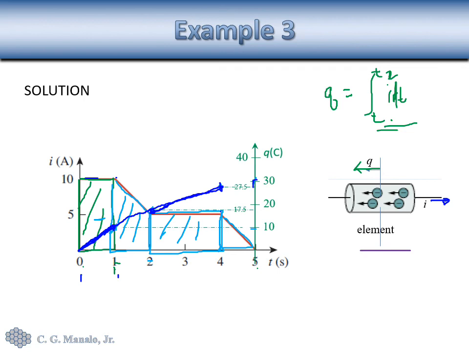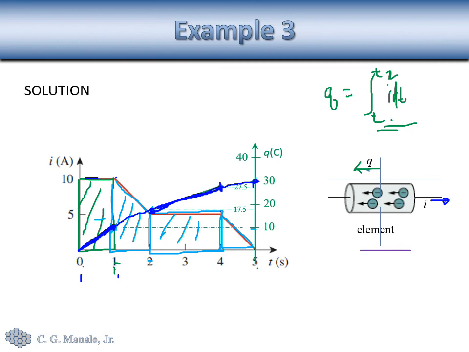And again, between 4 and 5 seconds, that would also mean that the slope must decrease from 5. This is 5 actually. And at 5 seconds, that slope should be 0, or horizontal, because current there is 0.